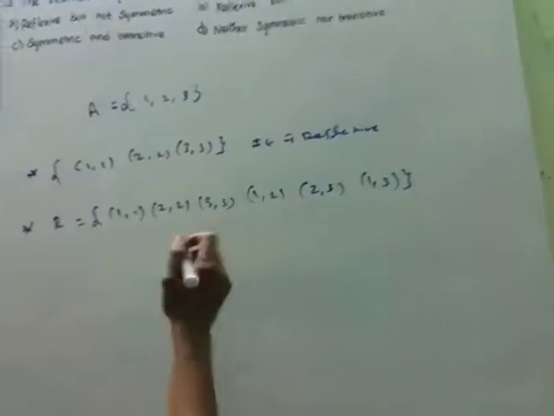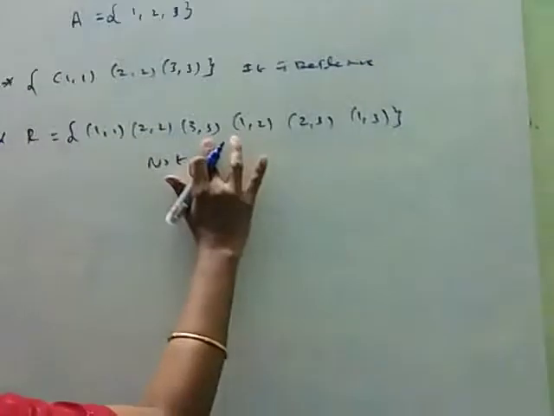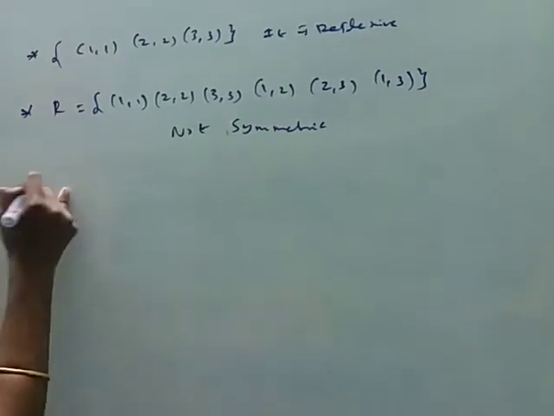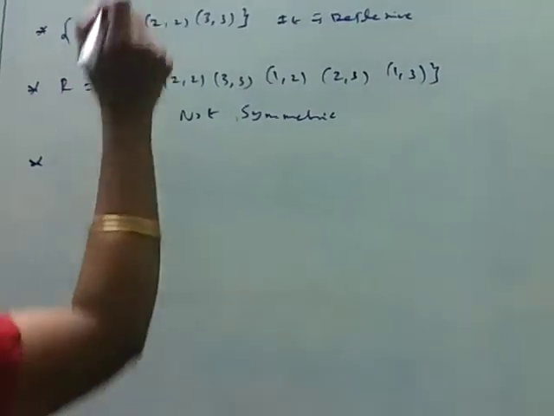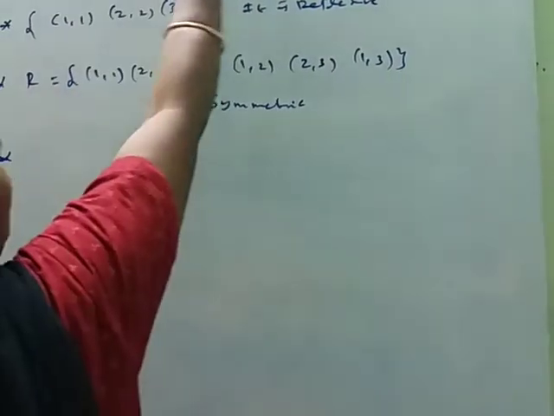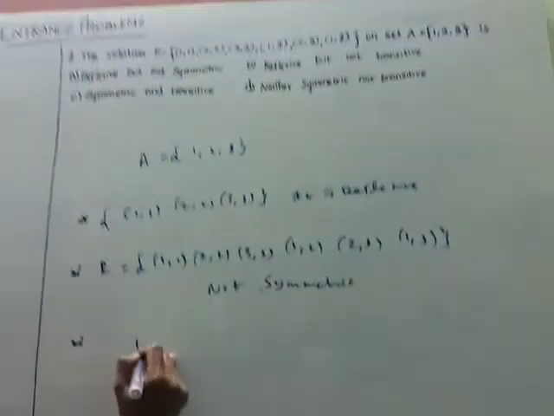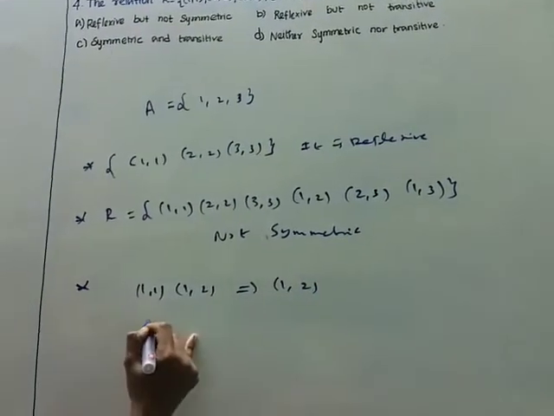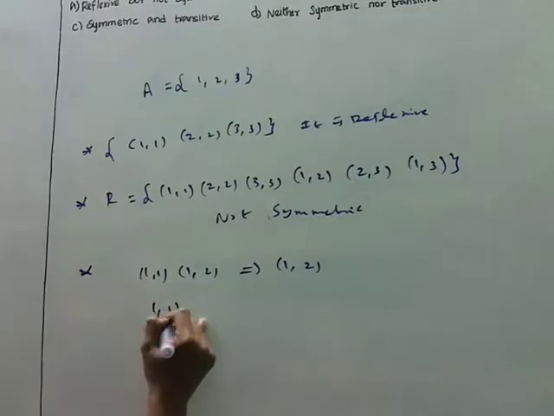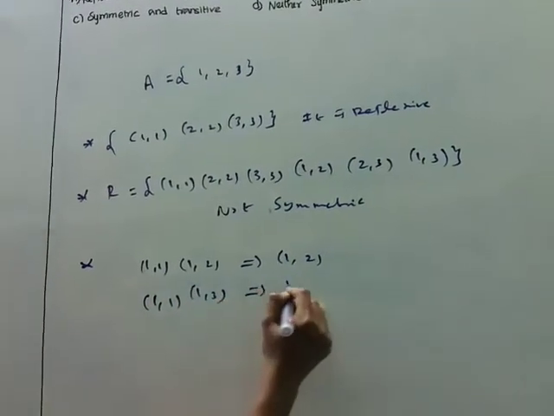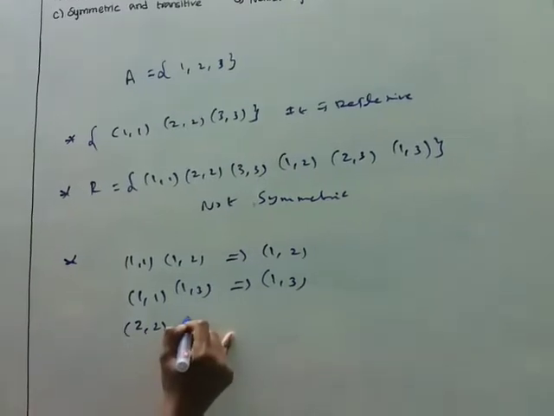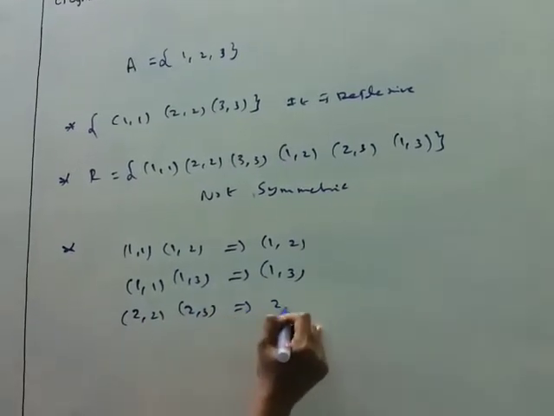So next you are going to find whether it is transitive or not. Listen ma, transitive: 1 comma 1 and 1 comma 2 means 1 comma 2 will be there. 1 comma 1 and 1 comma 3 means 1 comma 3 will be there. Next, 2 comma 2 and 2 comma 3 means 2 comma 3 will be there.